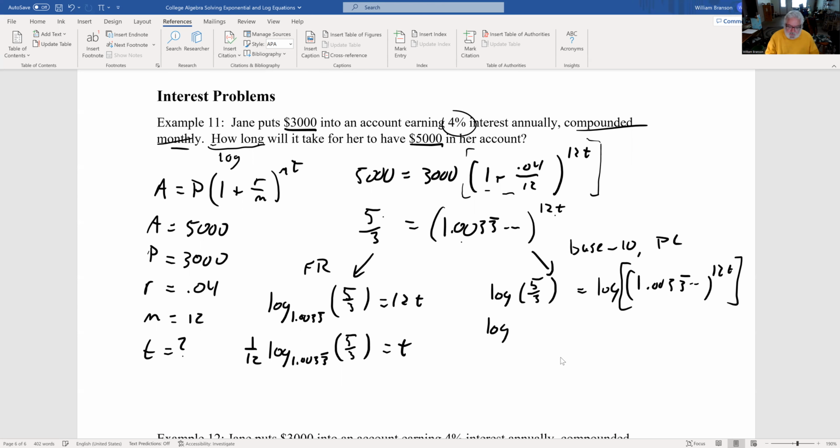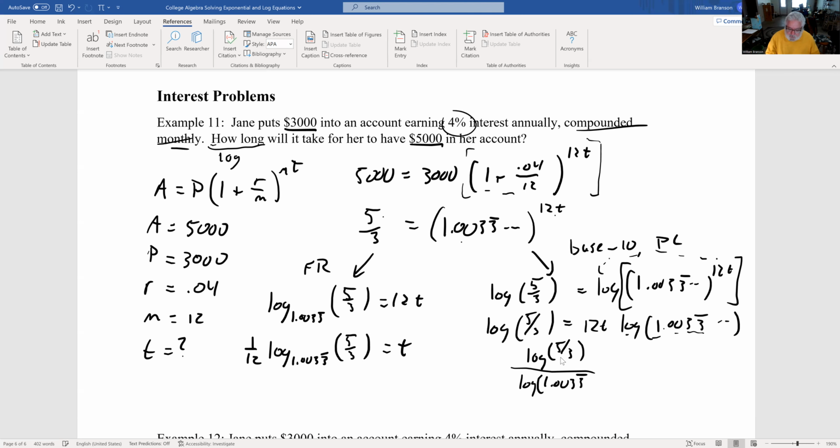On the left side, you just have log of 5/3, whatever number that is. And then now we can pull the 12t down. Great, so now we can divide both sides by this number. We'll get log of 5/3 over log base 10 of 1.0033 repeated equals 12t.